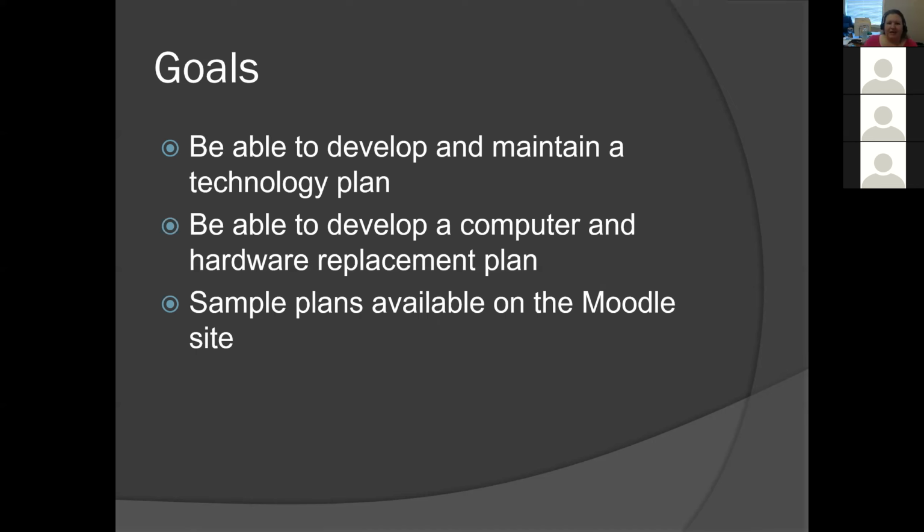So it's a good idea to have at least a list of all of your technology assets in one place that's easily accessible. A technology plan is as good a place as any. That can be as simple as the date purchased, the make and model, and maybe how much you spent. You don't have to have a lot of information.